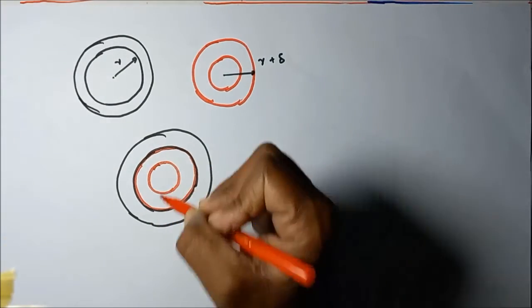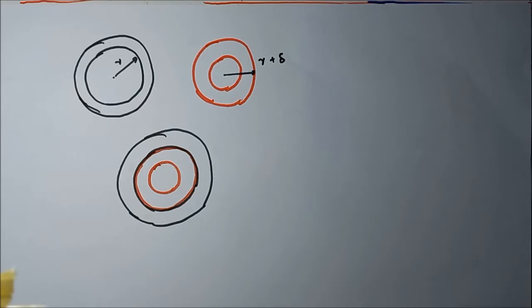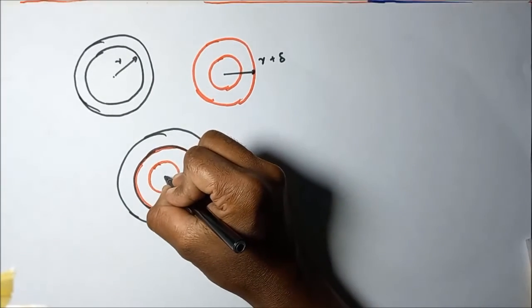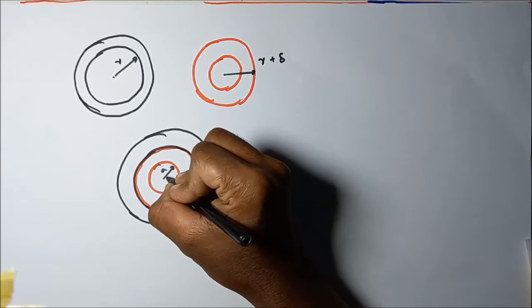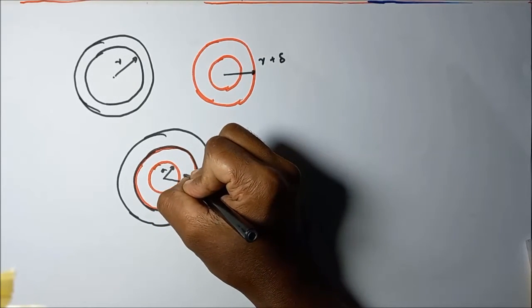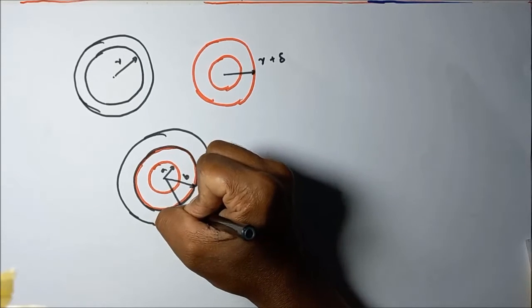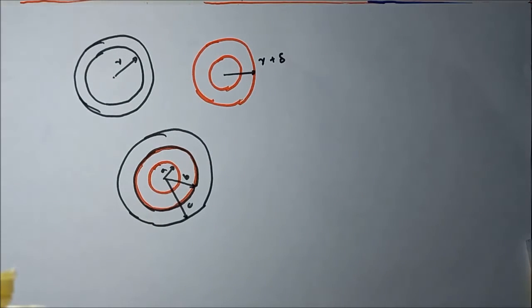After assembling these two cylinders, let's mark these values as A, B, and C. That means these displacements are very small.